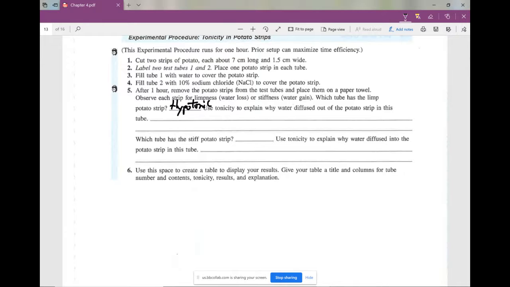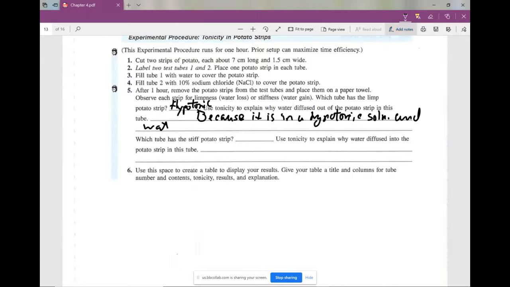All right, because use tonicity to explain why water diffused out of the potato, because it was, you guys use full sentences, right? Because it is in a hypotonic solution. And water. Sorry, not hypertonic. Ooh.